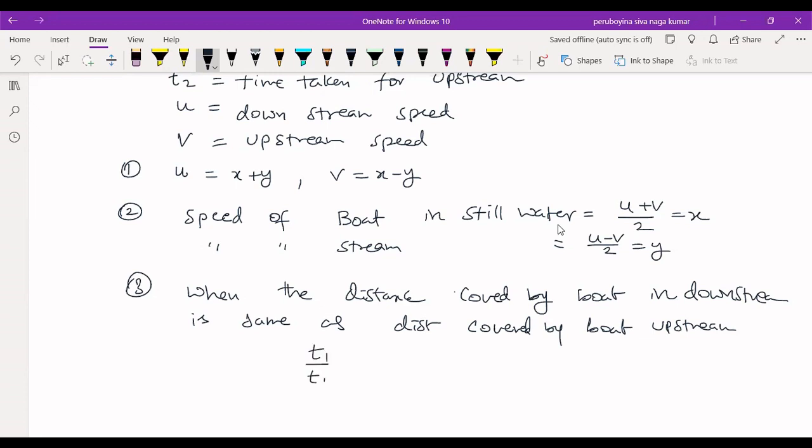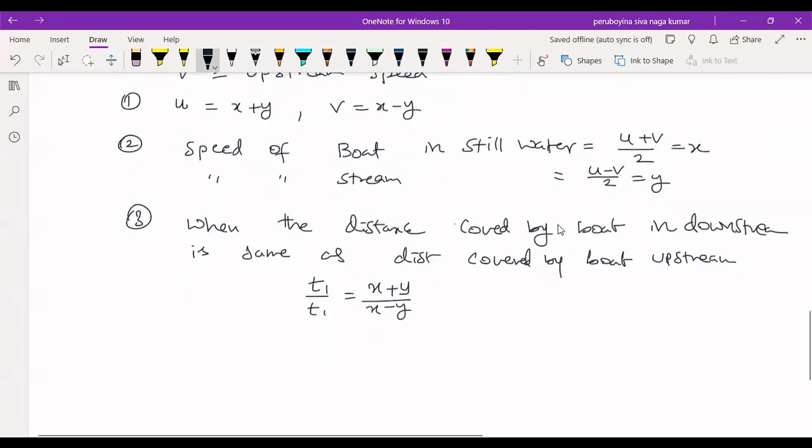T2 by T1 is equal to (x plus y) by (x minus y).